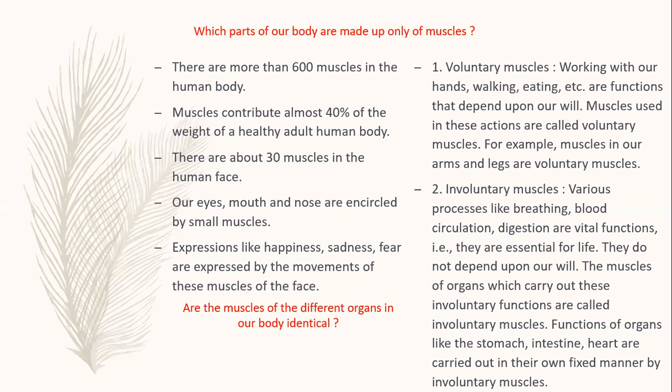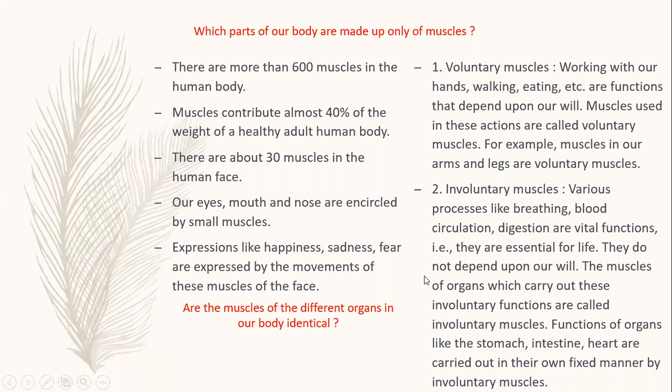You go to a fridge, find something over there, grab it, open it, and start eating. Now, who is telling your hand to eat? That is the voluntary muscles that are working. Similarly, walking or jumping or running, all of these functions are performed with the help of the voluntary muscles.